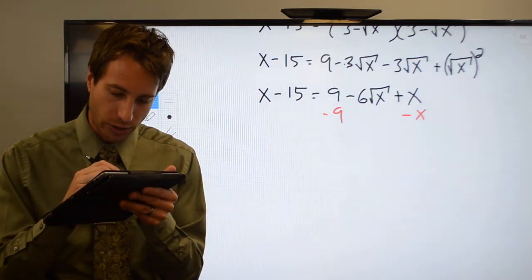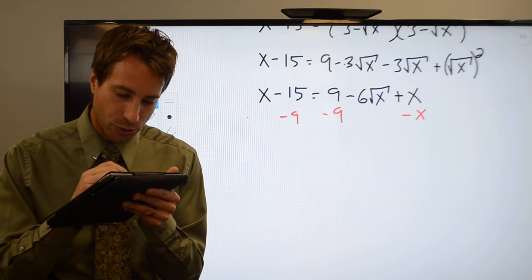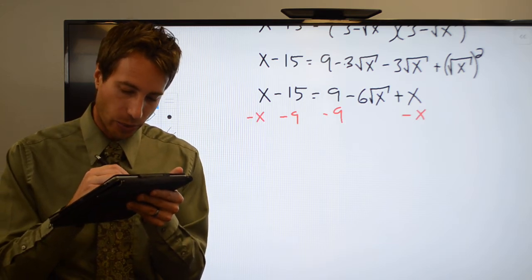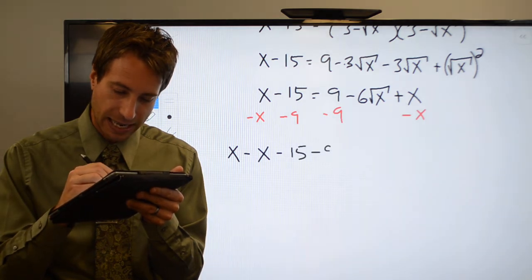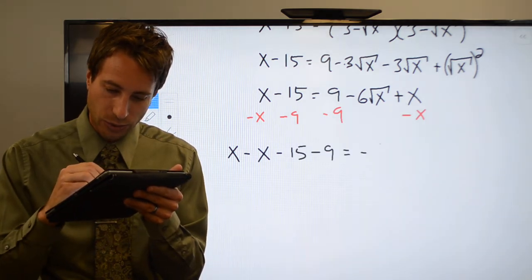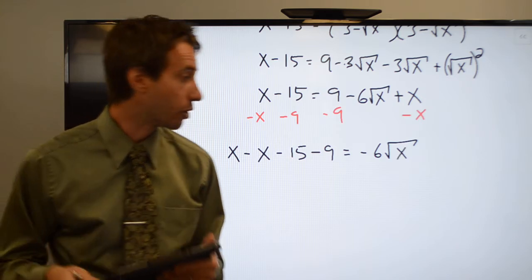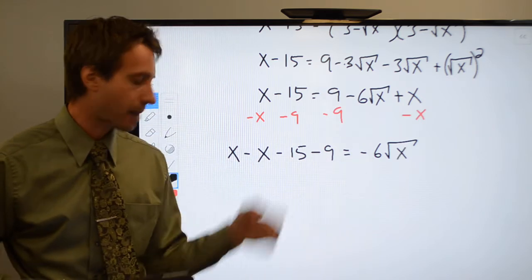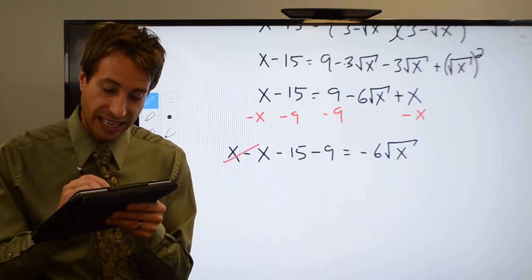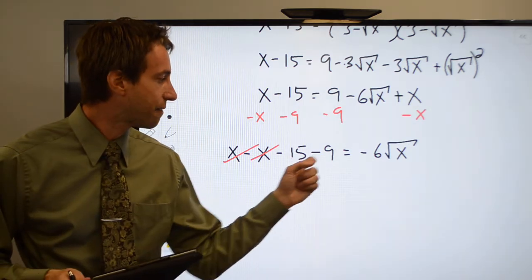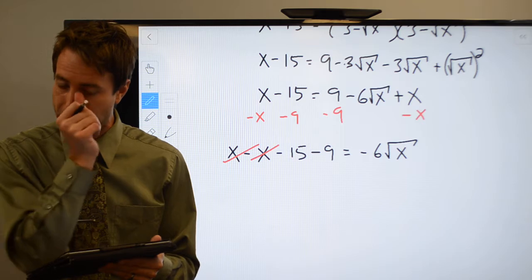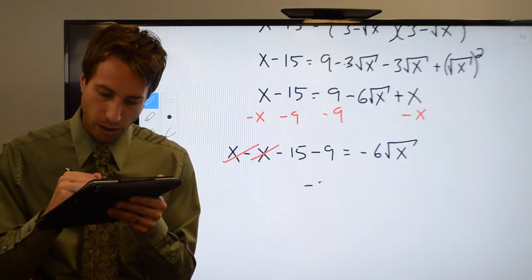So I also will subtract 9 and subtract an x over here. And so what I wind up with is x minus 15 minus 9 is all equal to a negative 6 square root of x. Combined like terms, x minus x, look at that. They cancel each other out. And I wind up with a negative 15 minus 9, which should be a minus 24.